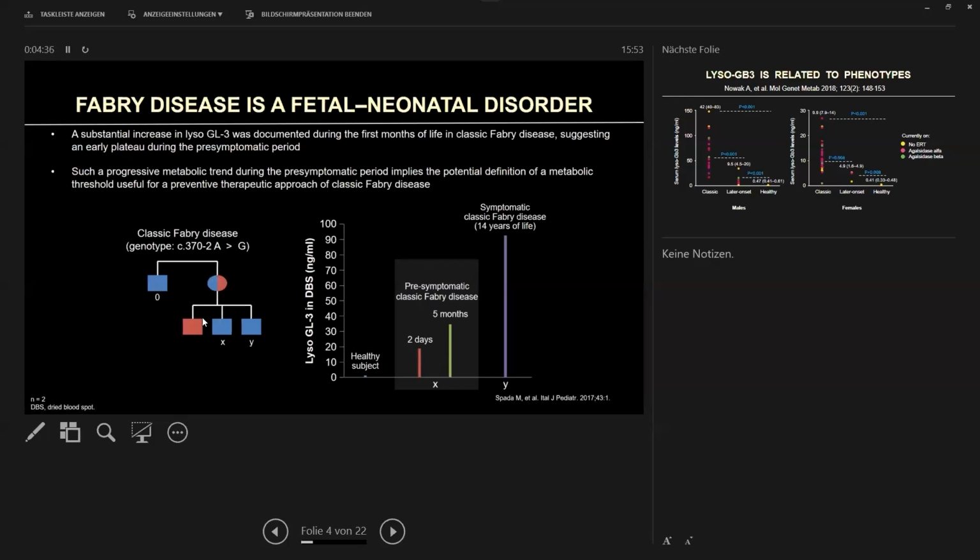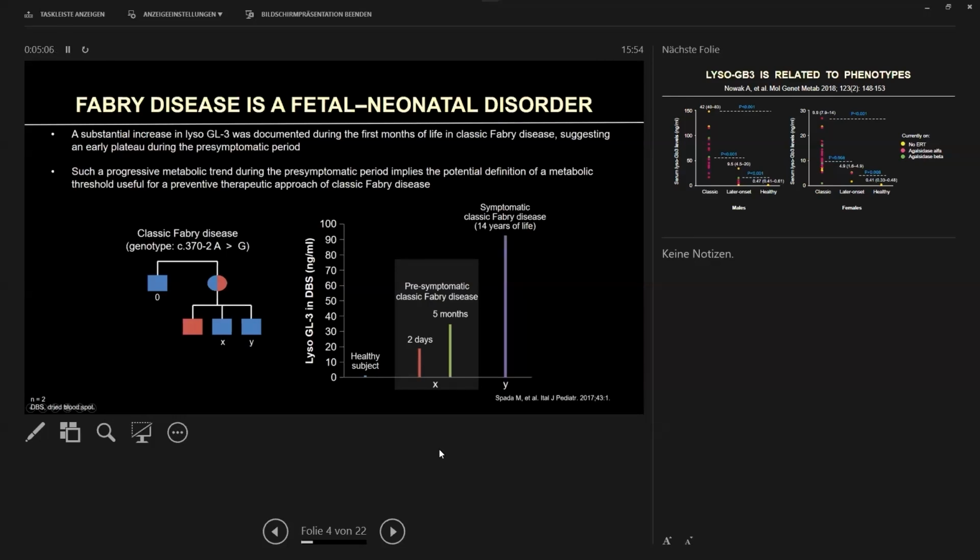This is the mother with her children, and these 2 have inherited this nasty mutation. And we are looking at 2 brothers. One is newborn and the other is 14 years old, like here. This is newborn, this is 14 years old. And this in the middle is the youngest, but at 5 months.